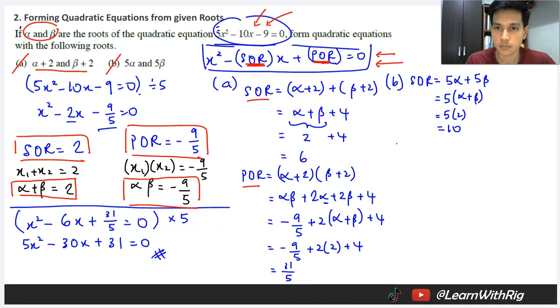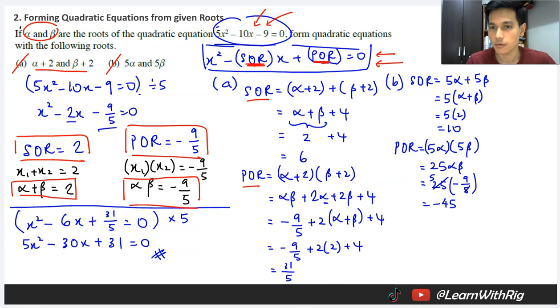Now you're going to find POR. 5 alpha multiplied by 5 beta. So 5 times 5 is 25 alpha beta, which is equal to negative 9 over 5. So 25 times negative 9 over 5, you should get negative 45.